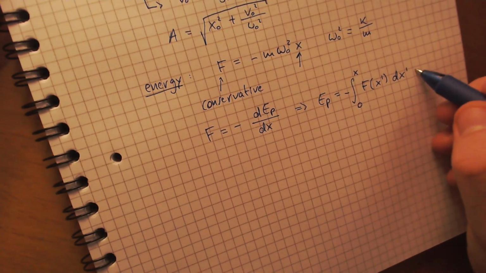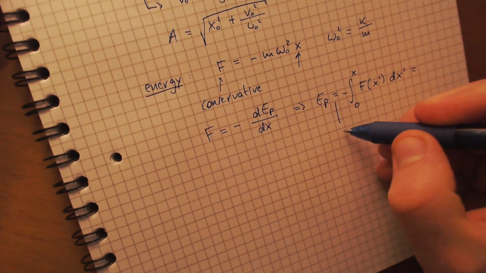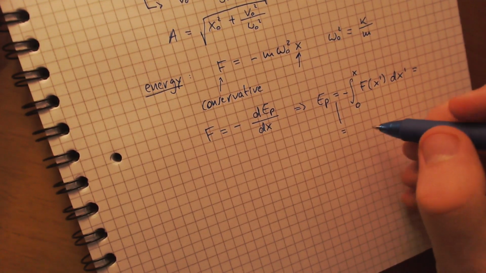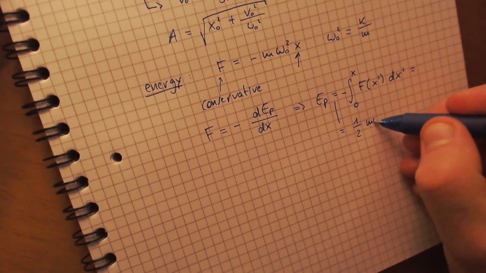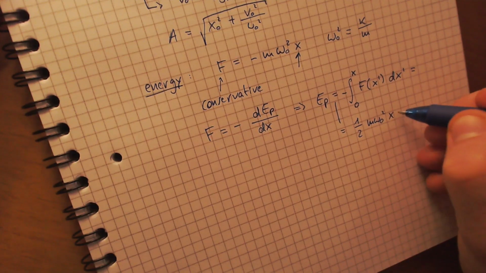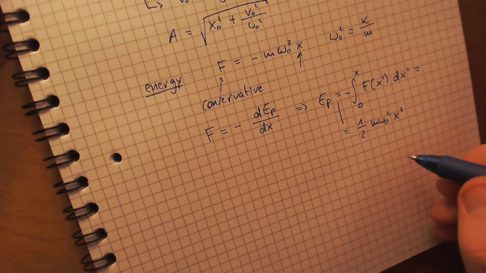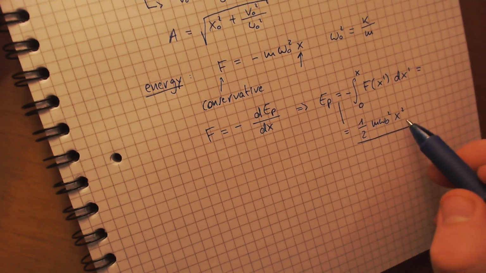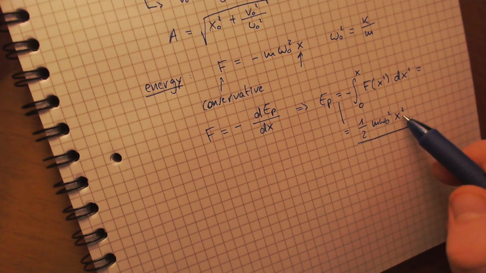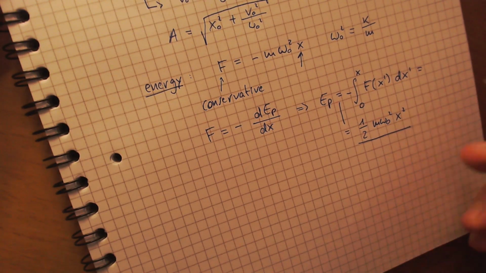So that means that the potential energy in our case will be 1/2 m omega 0 squared x squared. Okay, so the potential energy of the harmonic oscillator is a function of the position, and in particular it is a parabola.